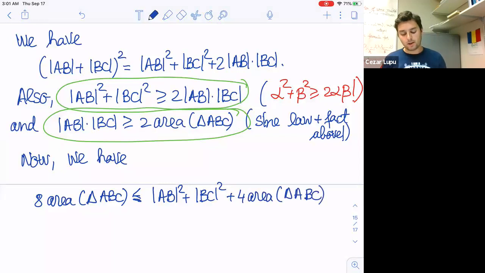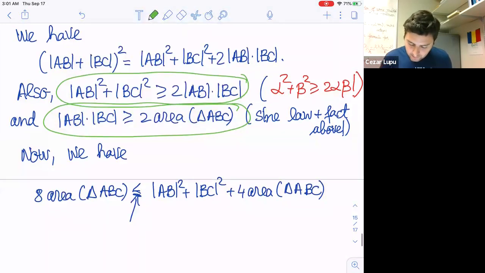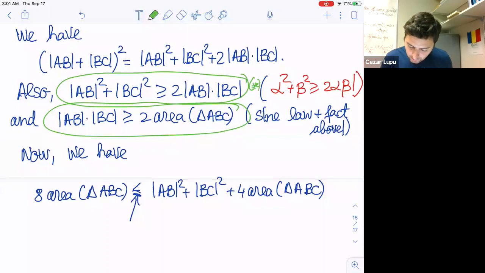If you look at this inequality, I've used the second inequality and the first inequality. Let me call this star, and this double star. So here I use both star and double star.